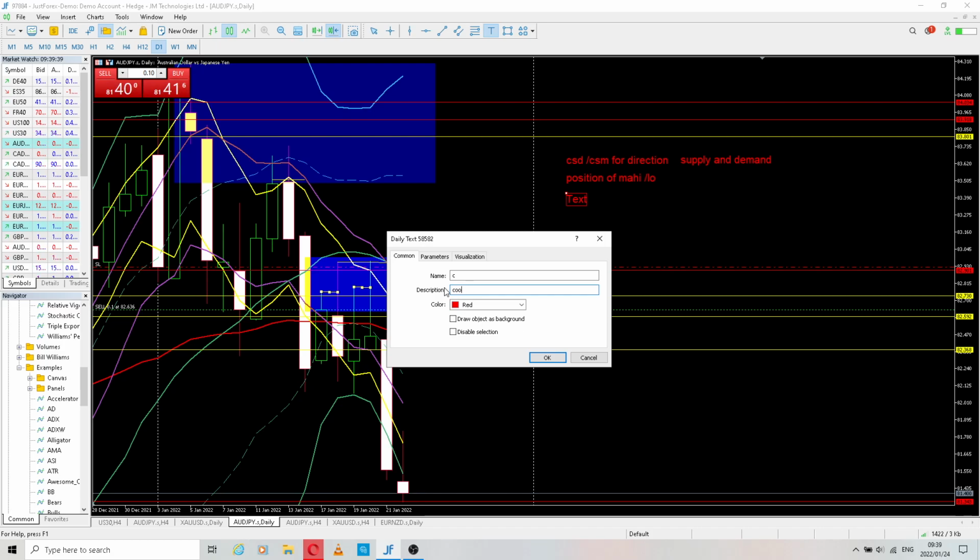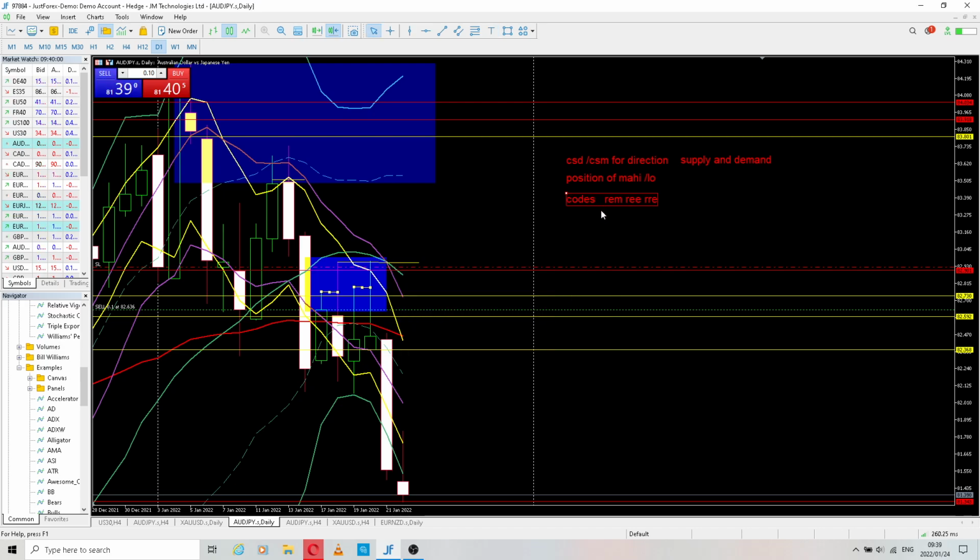Either you're going to have your REM, REE, then RRE. Those are the codes that we're going to check, guys. Codes REM, REE, RRE. Then that's your entry, guys. When you have those codes, then you have your entry. So that's how you check those things, guys.